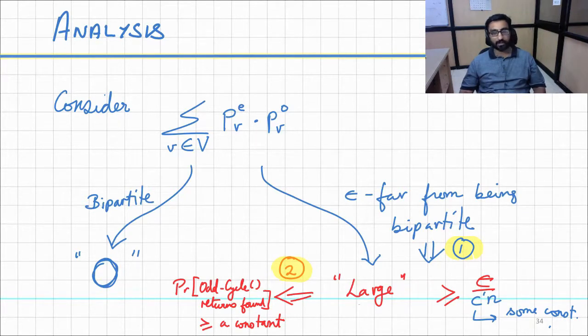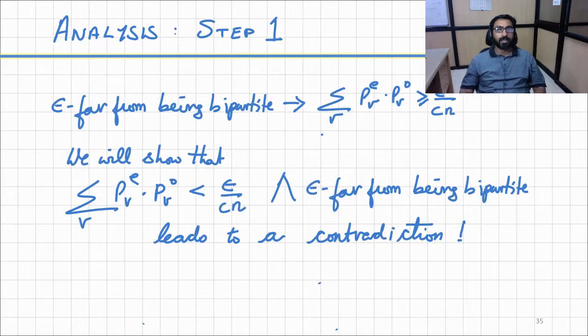So without further ado, let's start with step 1 and recollect what we want to show. We want to show that if the graph is epsilon far from being bipartite, then the summation over all the vertices of PVE times PVO is at least epsilon over Cn, where C is some constant.